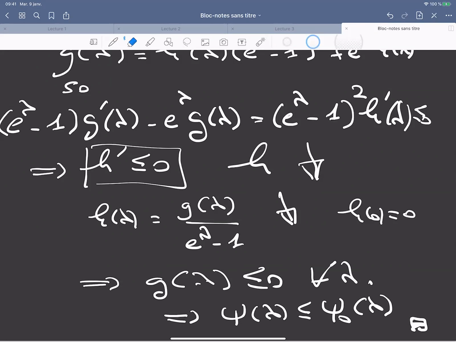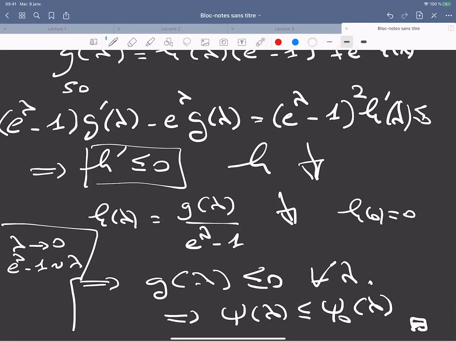When you look at lambda, which tends to 0, as lambda tends to 0, exponential lambda minus 1 is equivalent to lambda on the one hand, and on the other hand, you know that J prime at 0 has to be equal to 0 because J is the difference between psi and psi null, and psi is the log of the moment generating function of a centered variable.